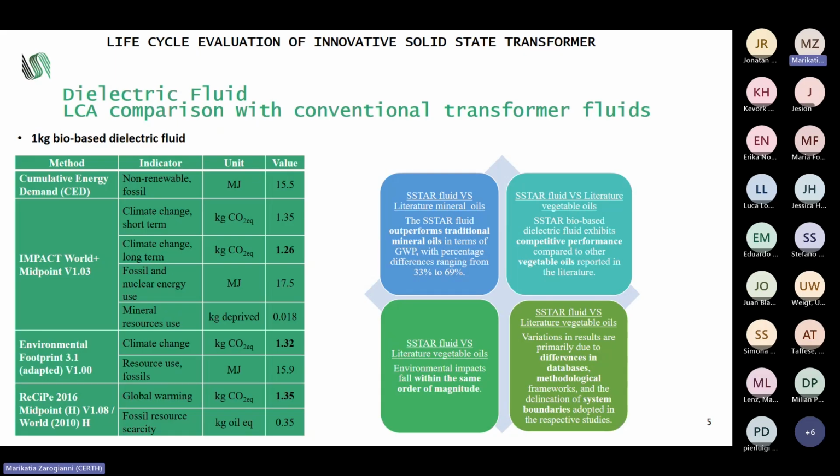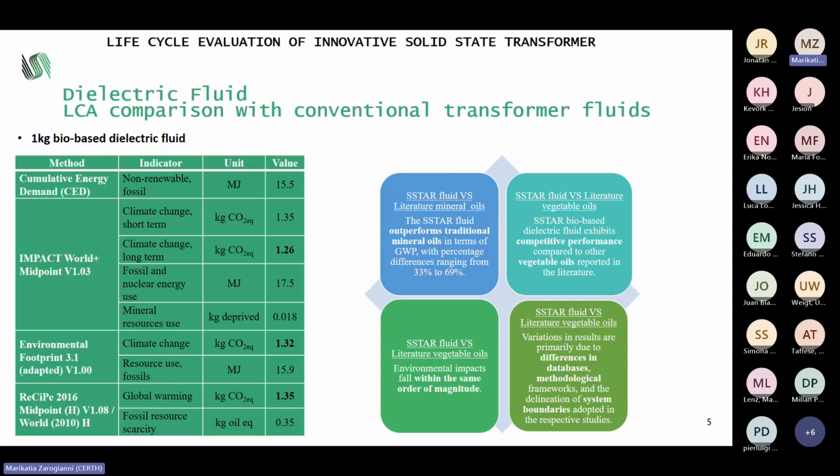This has minimal variation between the methods, and this consistency suggests that the environmental performance of the electric fluid remains robust regardless of the assessment approach, providing confidence in its low environmental impacts across different evaluation frameworks.